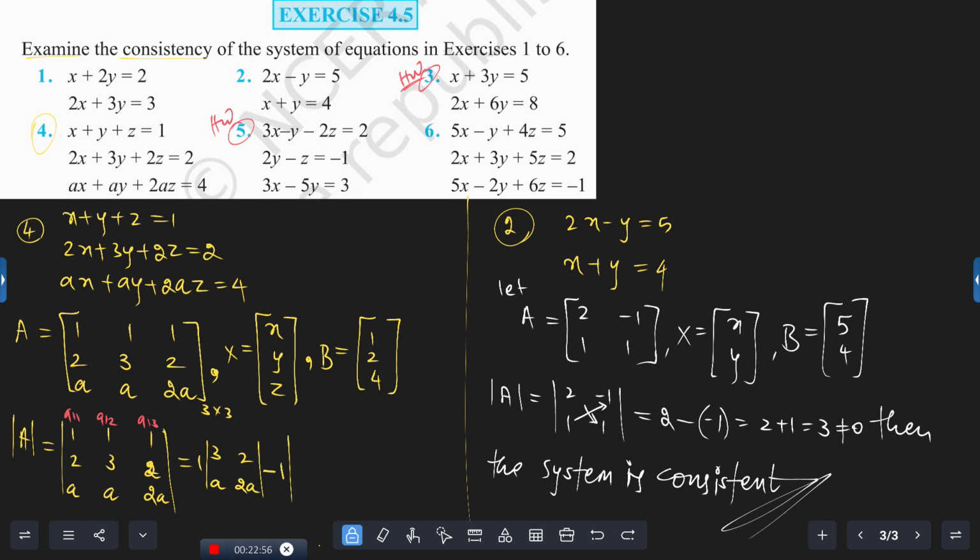After that, if you strike out the row and column of that element, 2, 2, a, 2a. Next, element 1, 3: 1 plus 3 is 4, that is plus only. Plus 1. If you strike out the row and column, 2, 3, a, a.